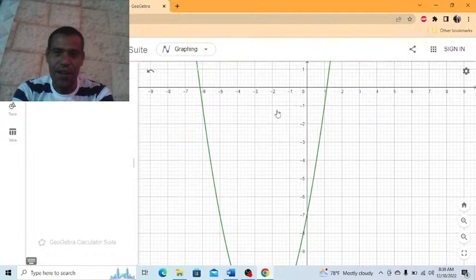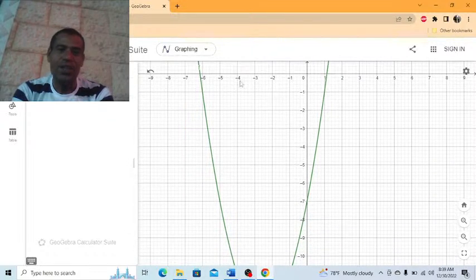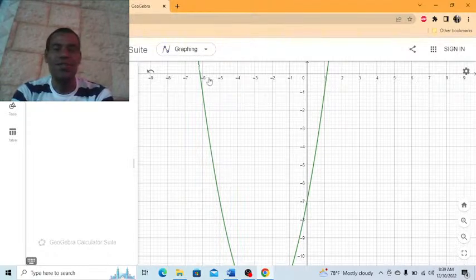You see here the x-axis denotes the set of real numbers, and the y value represents the range.